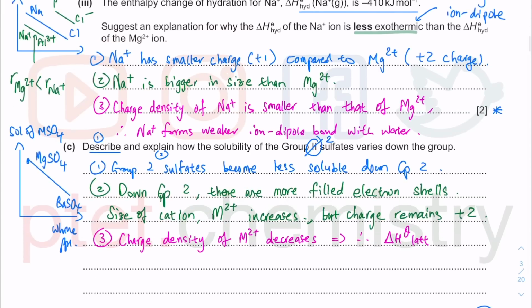And because the charge density of the cation is decreasing, we know that the cations would have smaller charge density. So even the enthalpy of hydration will become less exothermic. The lattice enthalpy will become less exothermic.